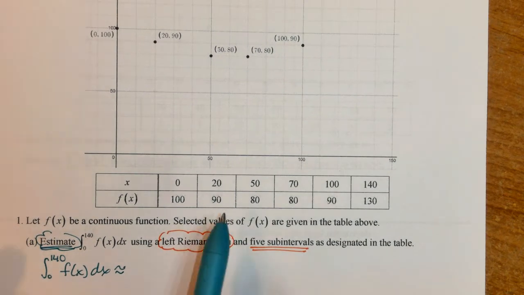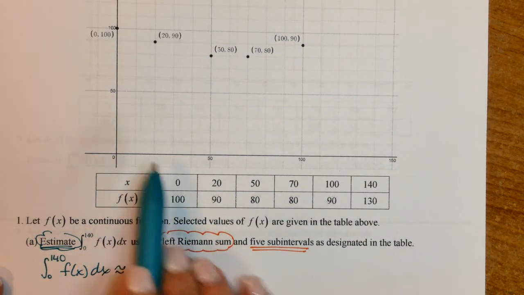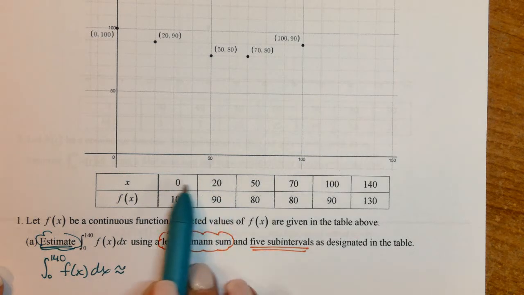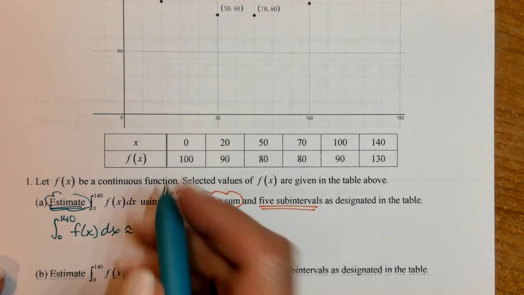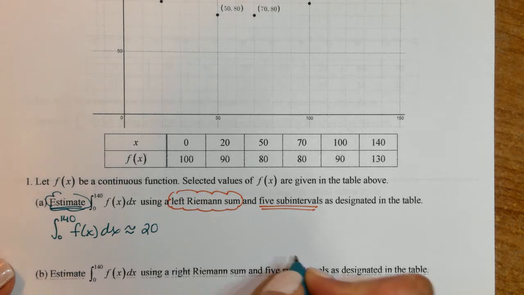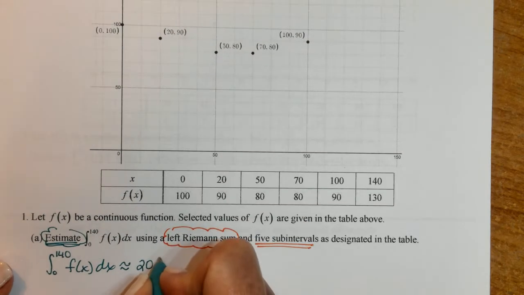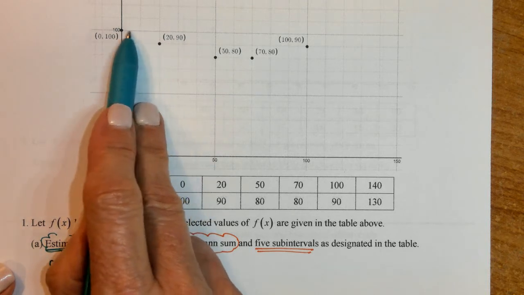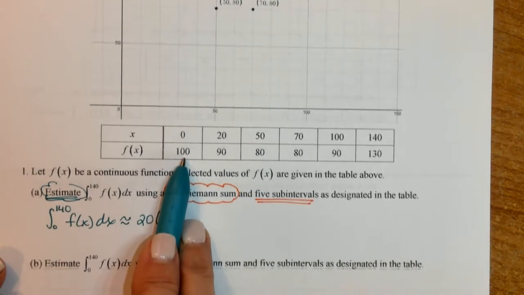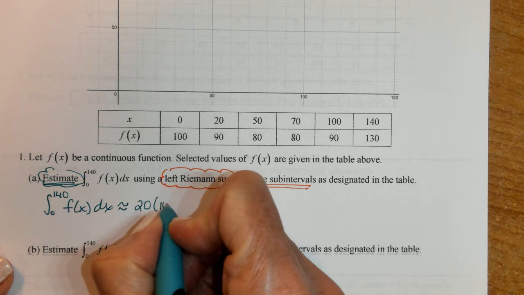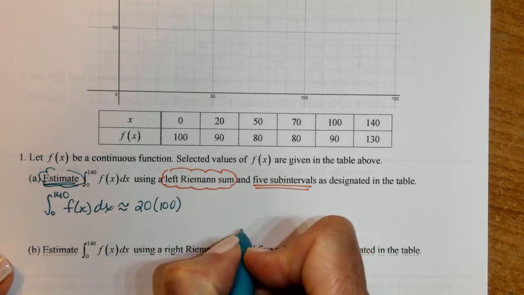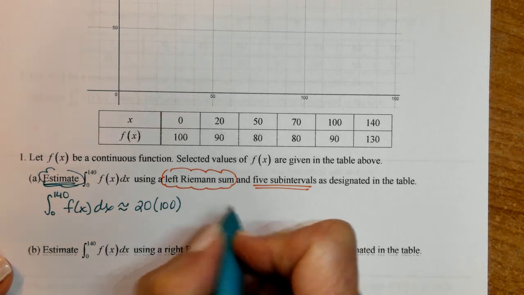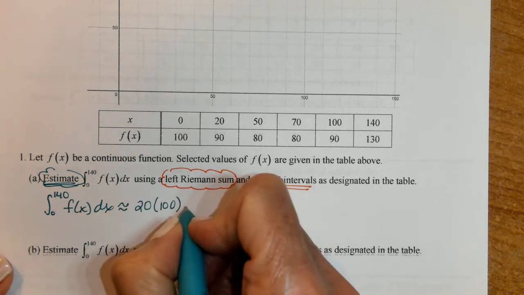So the first change in x will be 20, right? That's our change in x. The first height that we're using is going to be our left-hand height. So it's going to be this 100 here. And that's the first area of the rectangle, base times height.